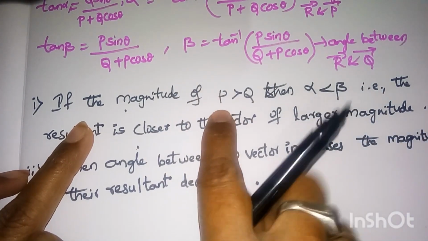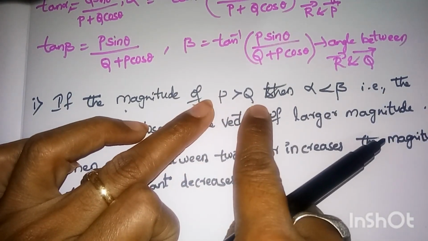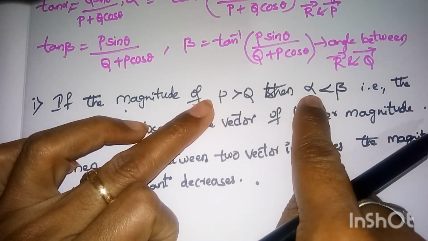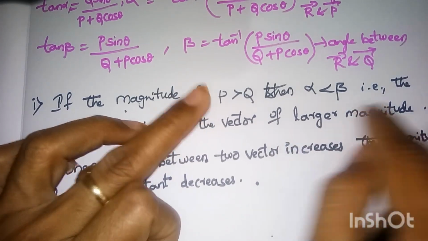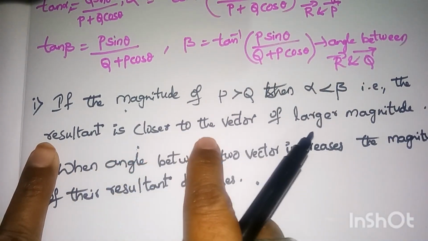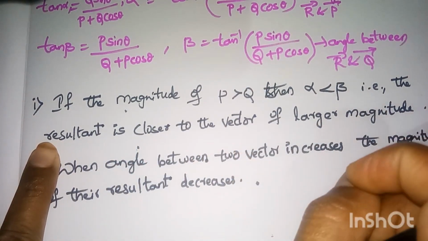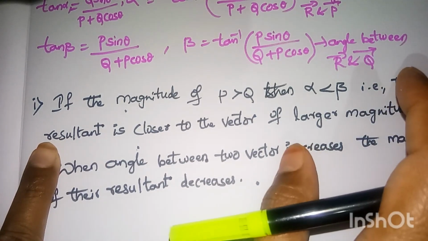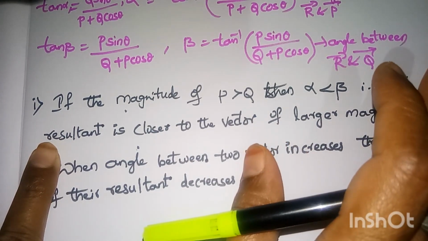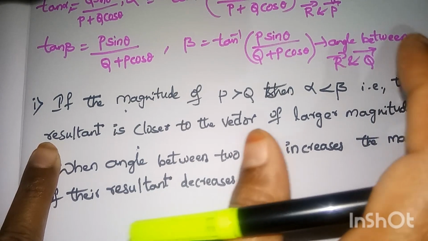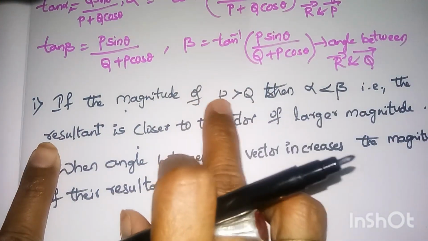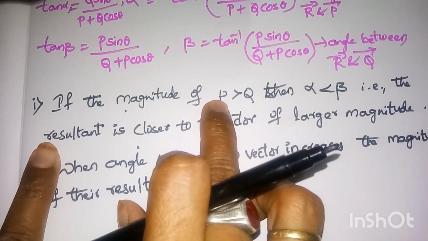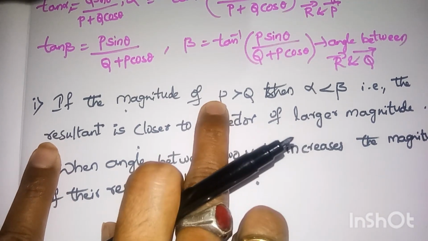As the magnitude of P is greater than Q, the alpha angle becomes smaller than beta. Then the resultant is closer to the vector of larger magnitude. Just remember that the resultant vector will be closer to the vector which has larger magnitude. If P has larger magnitude, the resultant vector will be closer to the P vector.